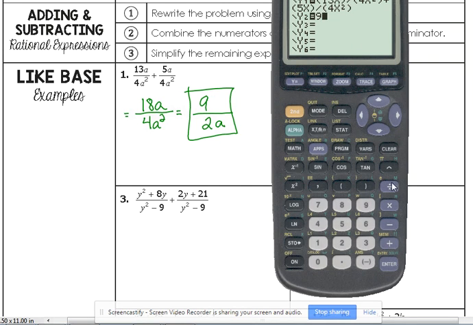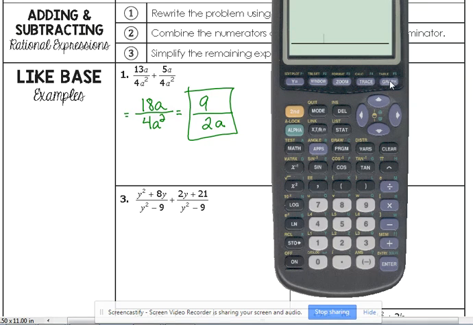I said that the final answer was 9/2x, or 2a. I don't need parentheses around the 9 because it's just a single number. I did need them over here because it was two things there.